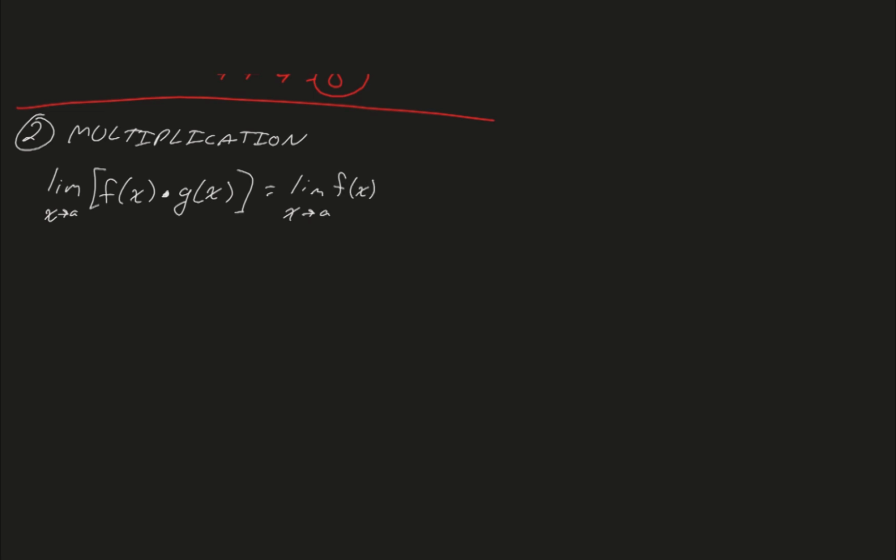Other than that, we're plugging into them individually instead of plugging into them at the end, after the multiplication. So this is as x approaches a, and that's nothing super special.